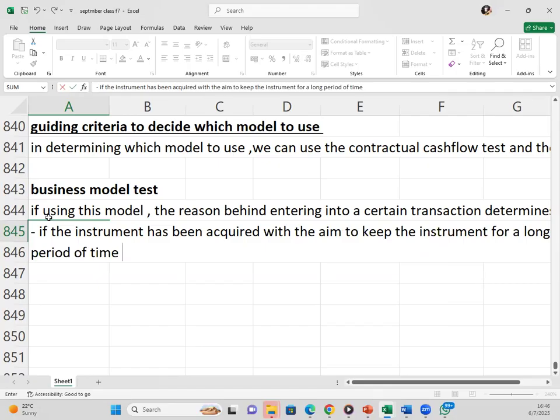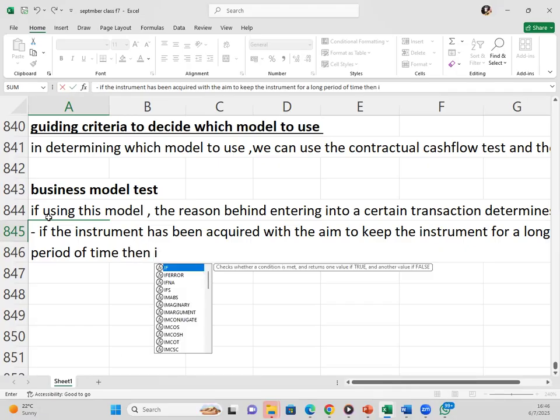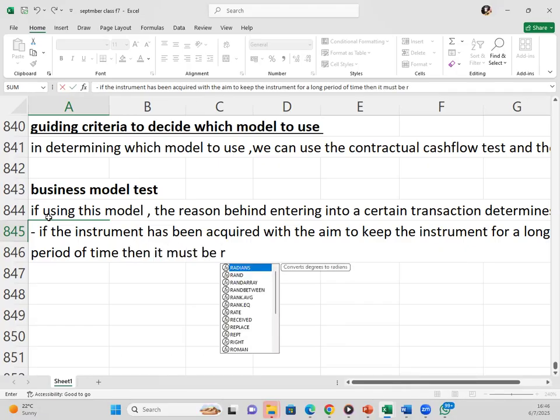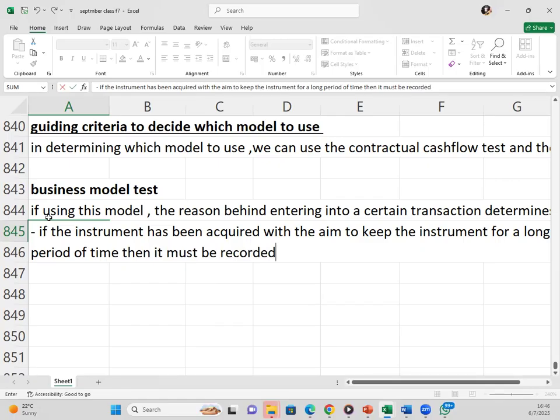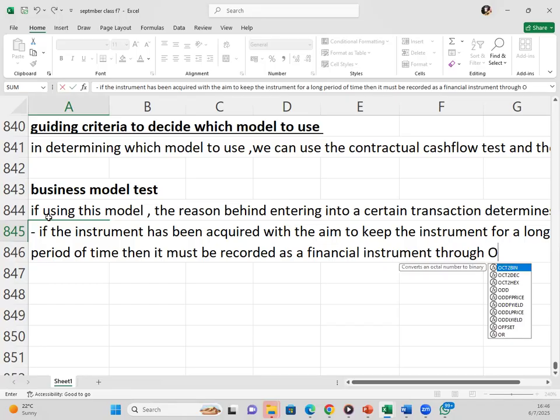So if the investment or the instrument, we want to keep the instrument for a long period of time, then it must be recorded as a financial instrument through OCI.